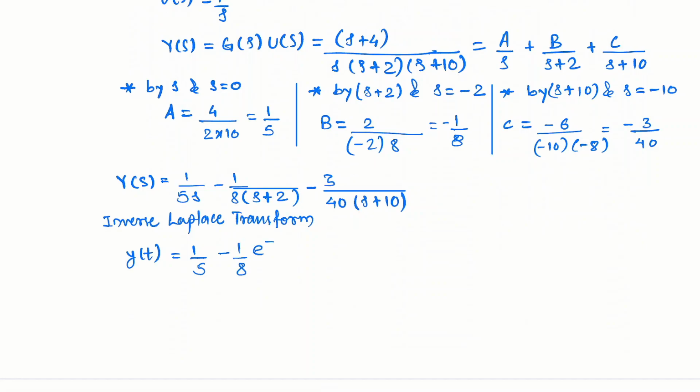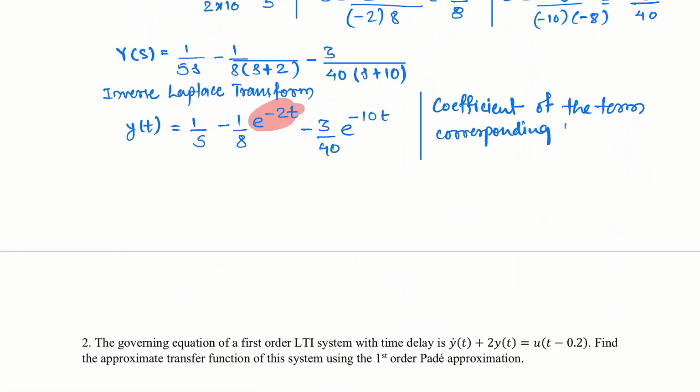So this is the dominant pole term, and hence the coefficient of the term corresponding to the dominant pole is minus 1 over 8.